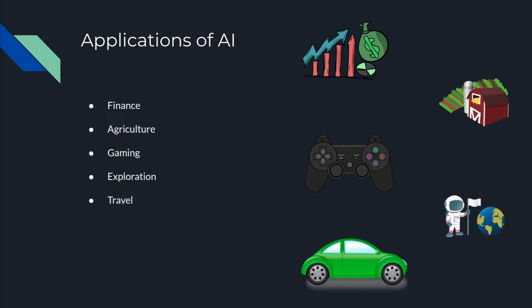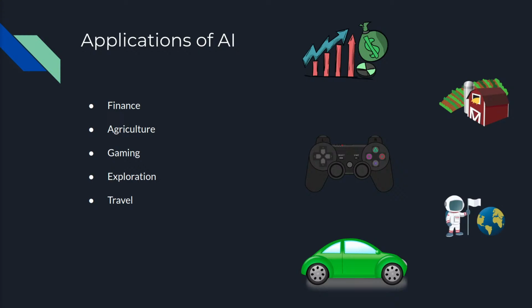The second would be agriculture. Here's an interesting fact: the world will need to produce 50% more food by 2050 because we're literally eating up everything. The only way this can be possible is if we use our resources more carefully. With that being said, AI can help farmers get more from the land while using resources more sustainably.